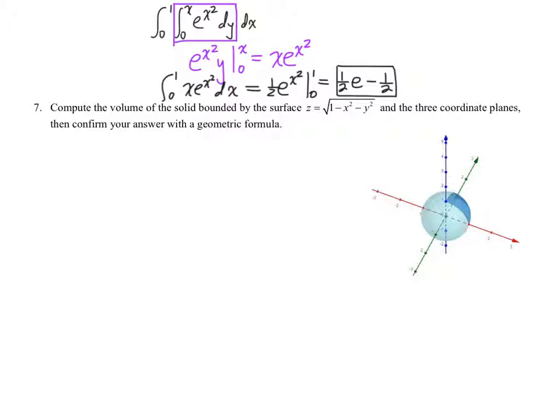If you're cutting it based off the 3 planes, you have the XY plane and the Z plane as your natural bounds, and that's naturally going to cut us off into quarters.